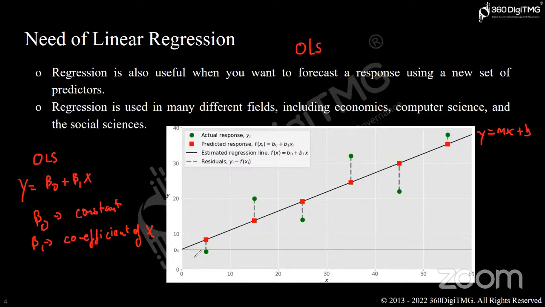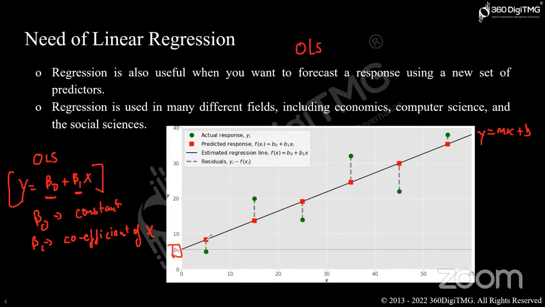Here we can see that this beta naught value is a non-zero value. So here we have built a linear regression model using this line that has been given some constant value as well as some coefficient value.